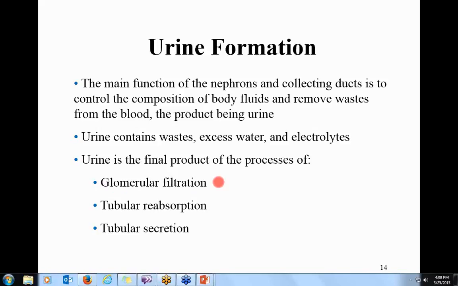So they enter the nephron. Tubular reabsorption occurs in the tubule area of the nephron, and fluids leave the nephron and re-enter the capillaries. And the last step is tubular secretion. I like to think about that as a fine-tuning of the urine. This is where ions and waste, like drug metabolites, re-enter the nephron to become part of the urine.